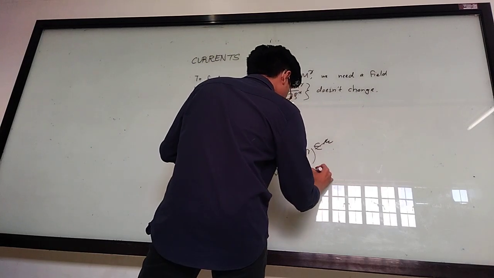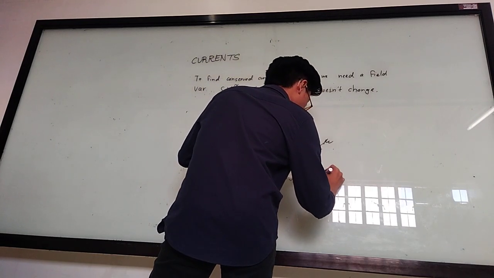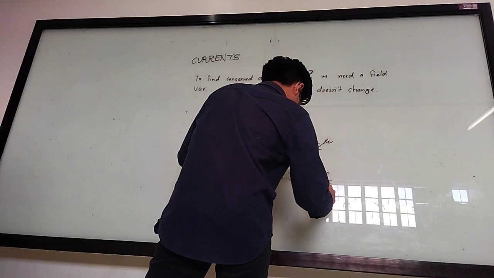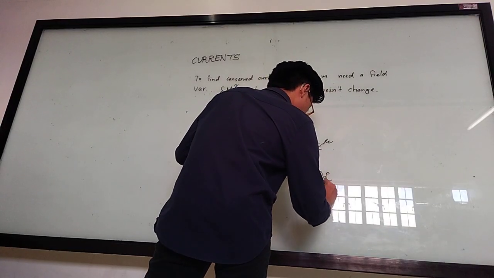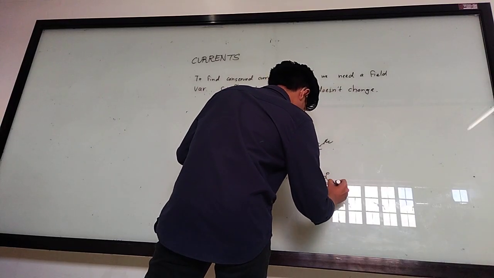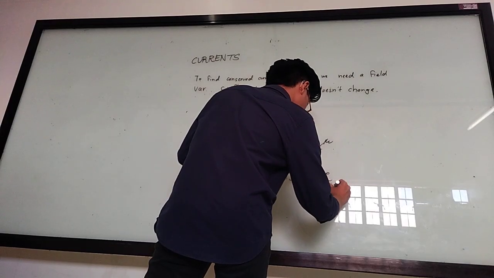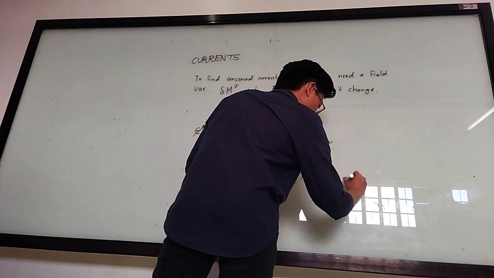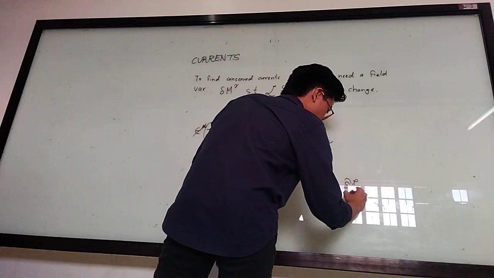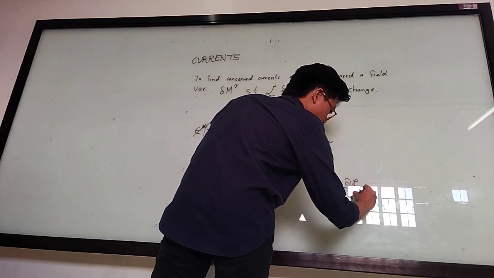And then that's equal to essentially the derivative of the Lagrangian density with respect to my m dot mu, Lagrangian density with respect to m prime.